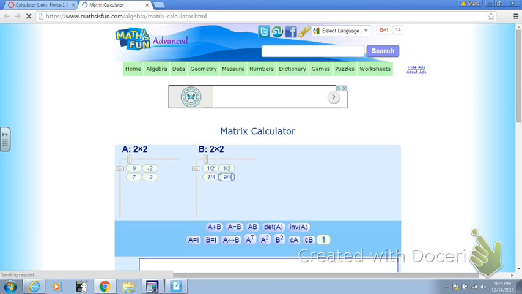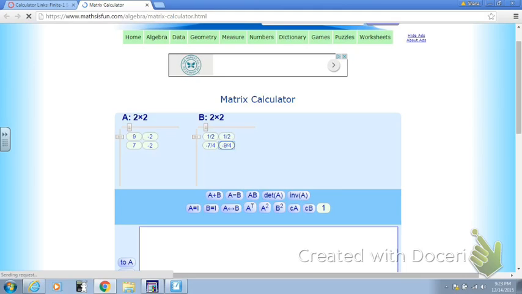So I want to know if they're inverses. So I'm going to take A inverse. You can just click right here and see if it matches up to B or not. Well, I see that A inverse is 1/2 and -1/2, and positive 1 3/4 and -2 1/4.